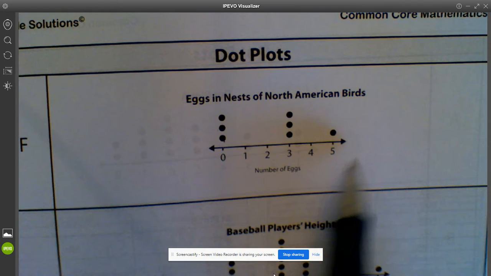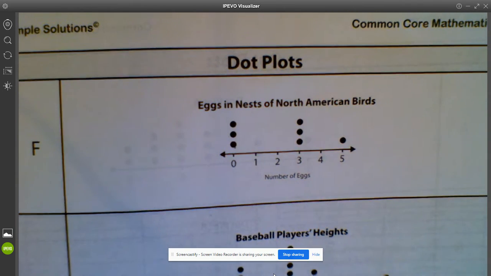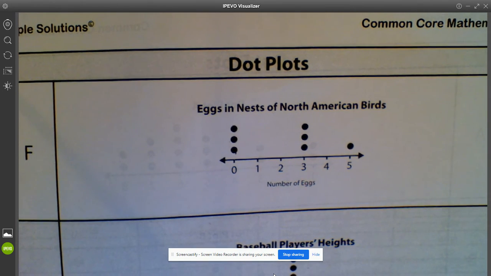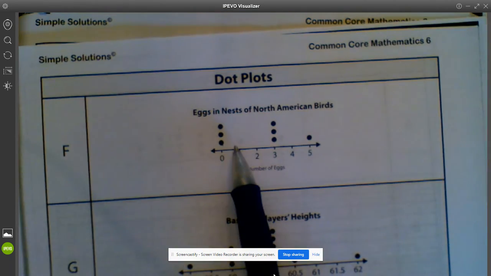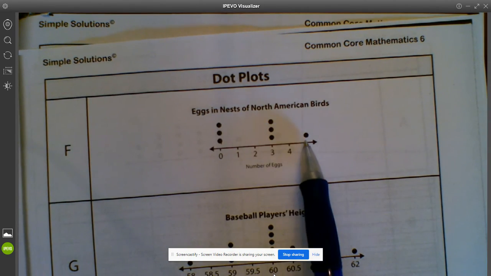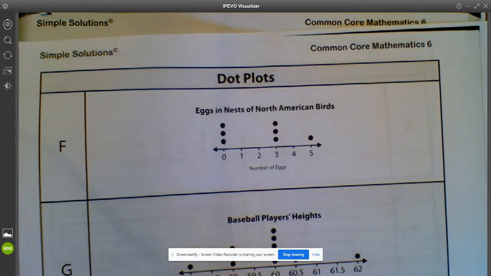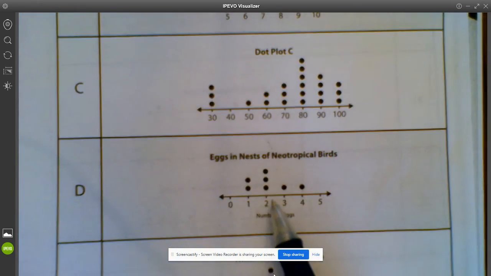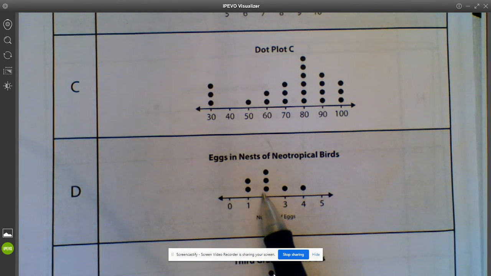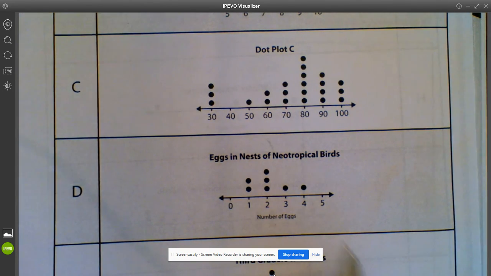Your data points. So if we're comparing them and which have data points that are closer, we can see that in dot plot F there are lots of gaps here and the data is spread out. But in dot plot D, they're all pretty close to the number 2 and there aren't any gaps.